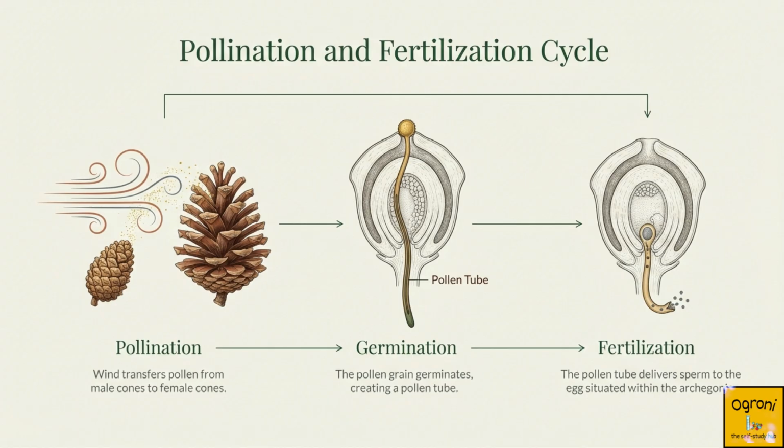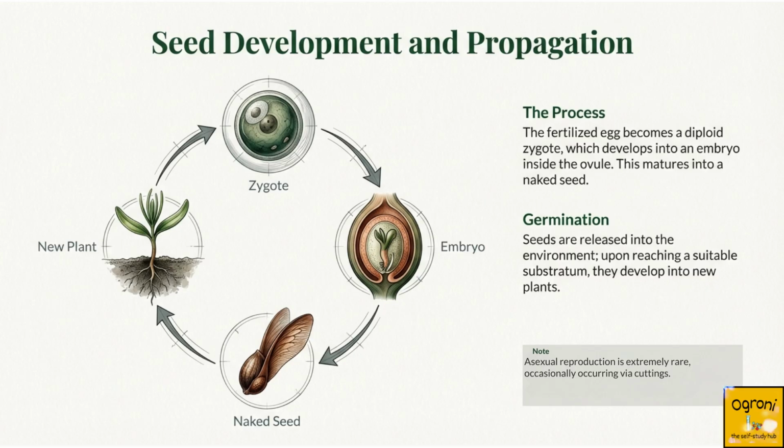Next step is fertilization, where the pollen tube delivers sperm to the egg situated within the archegonia. The fertilized egg becomes a diploid zygote, which develops into an embryo inside the ovule. This matures into a naked seed.